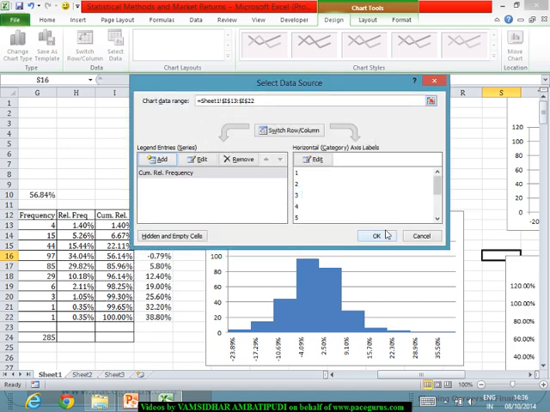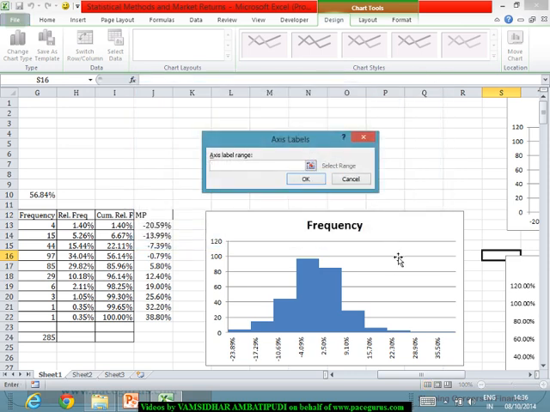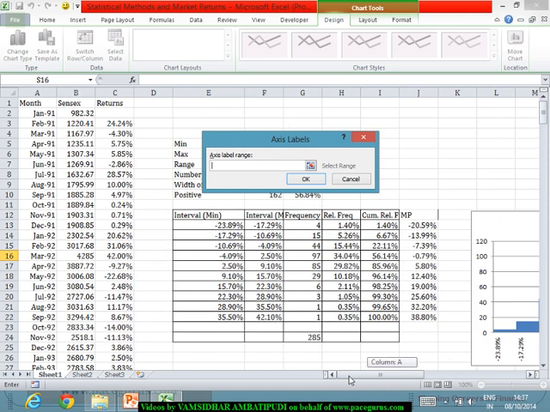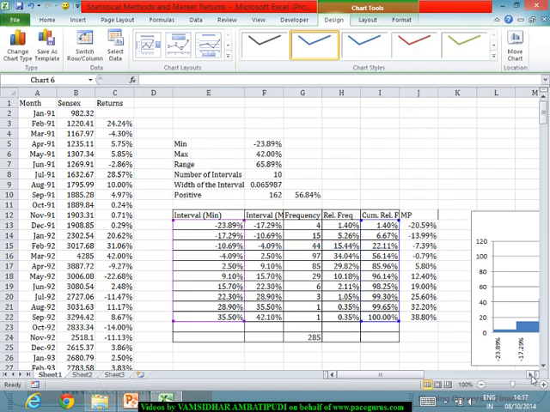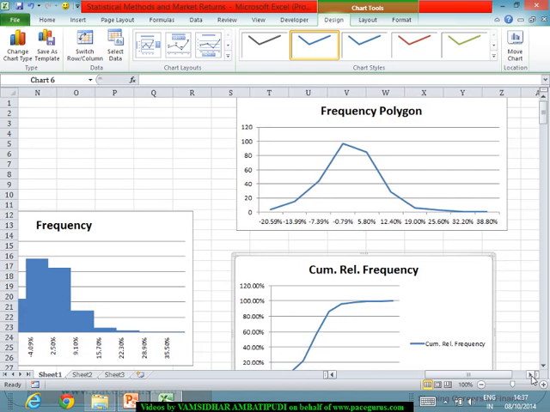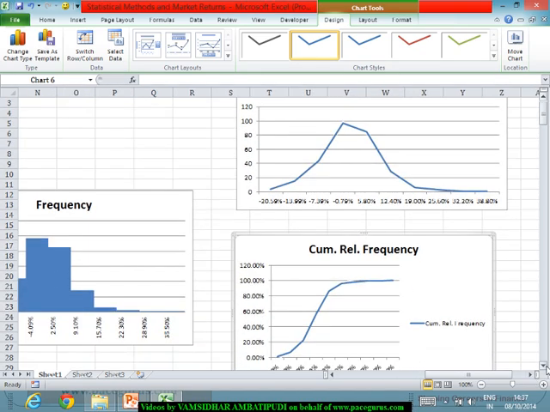Now I am taking the cumulative relative frequency on the y-axis, and I am also taking the intervals on the x-axis. So I'll take the minimum values of the intervals on the x-axis, and that is giving me some such kind of curve.